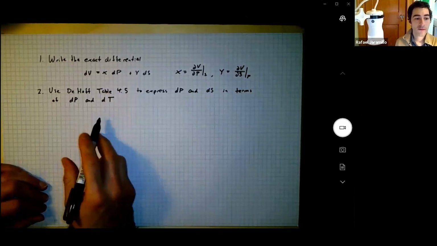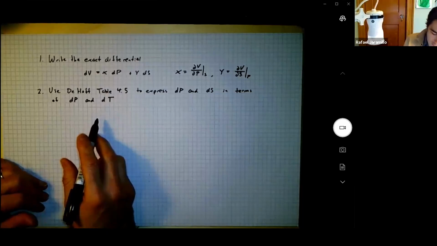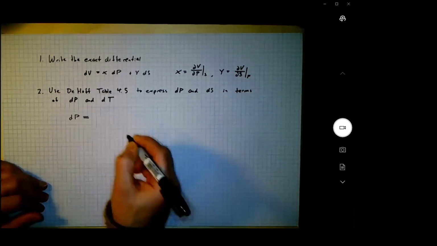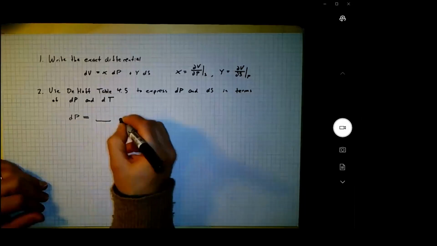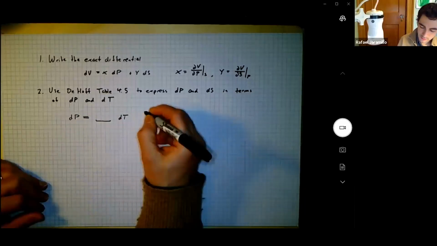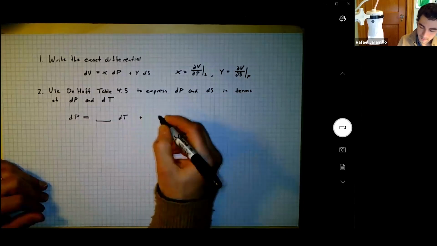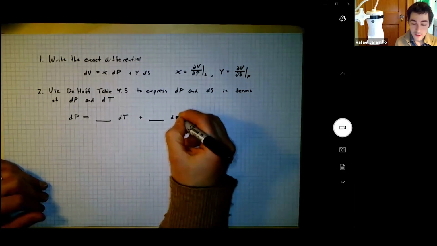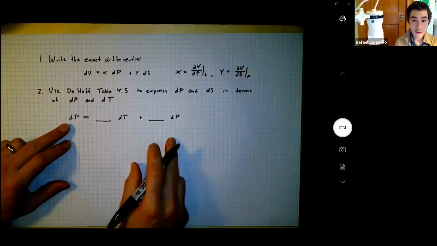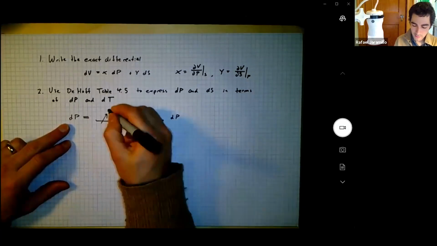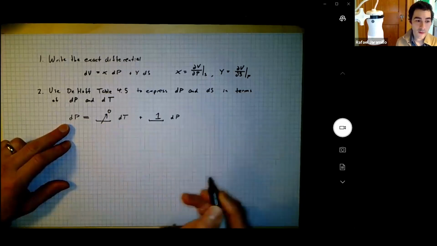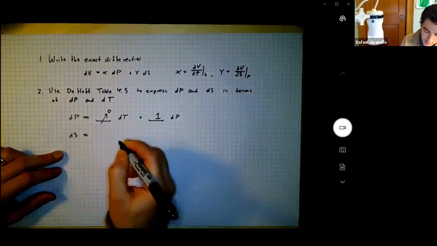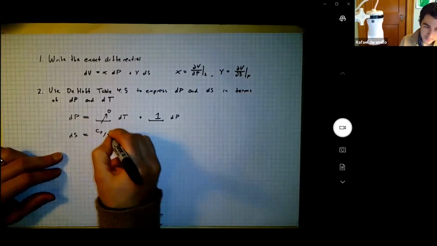You could choose any two. So we're going to look up in table 4.5, and it has the coefficients for every state variable as a function of dP and dT. So here, this is trivial, right? This is 0, because dP equals dP. That's trivial. The entropy is non-trivial. We could derive this, but we're not going to take the time. We're just going to copy it from the table.